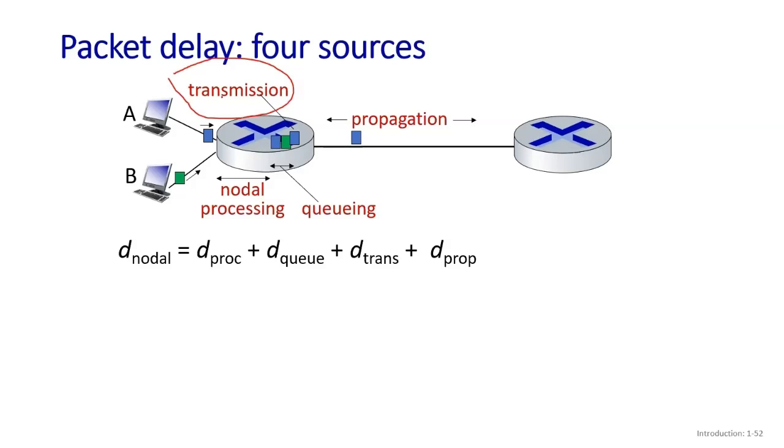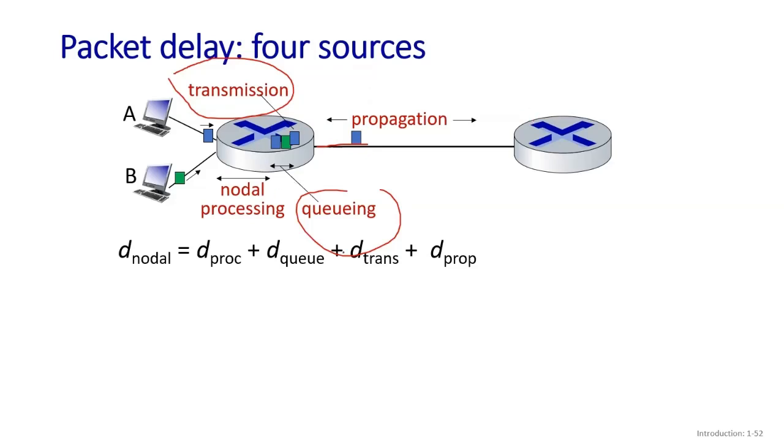Whereas for the queuing delay, the packet experiences a delay as it waits to be transmitted onto the link. The propagation delay is the time taken by the packet to travel from the source router to the destination router.